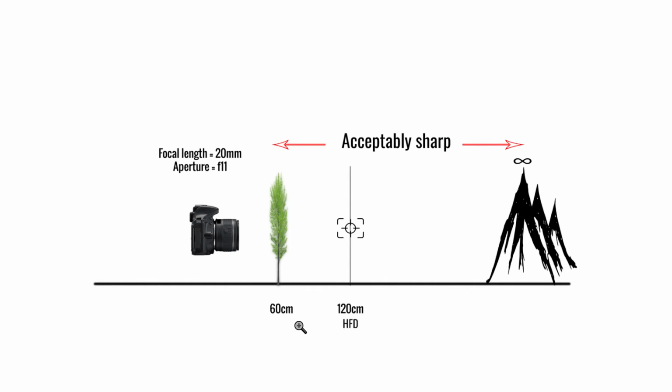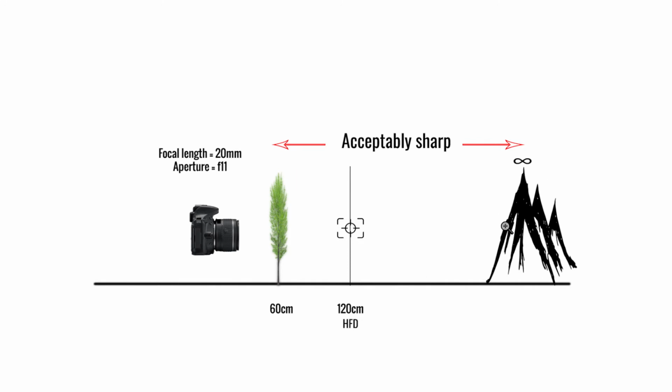So let's say this tree here is at 60 centimeters from the camera. That means you set the focus at double the distance, so 120 centimeters. And then you will have an acceptable sharp range all the way from the tree to the background at infinity.